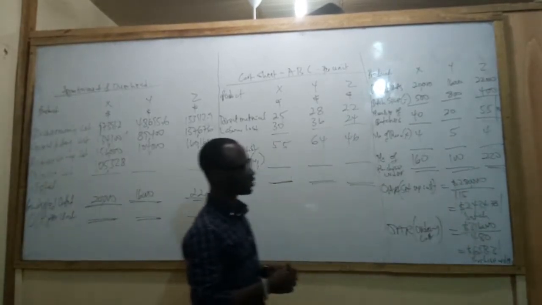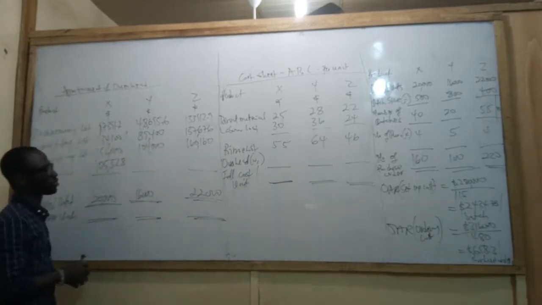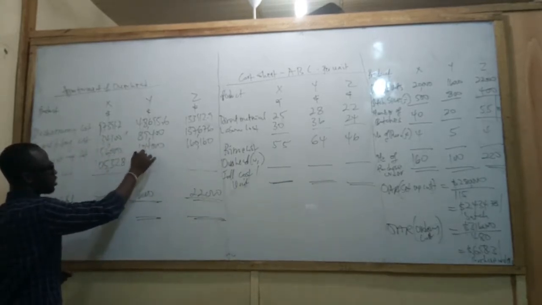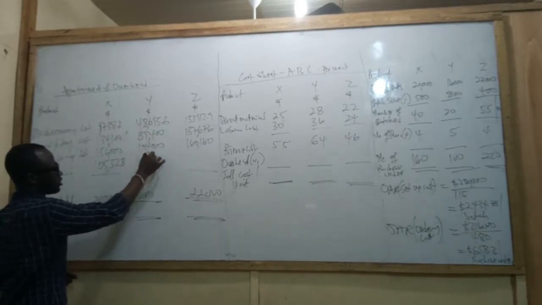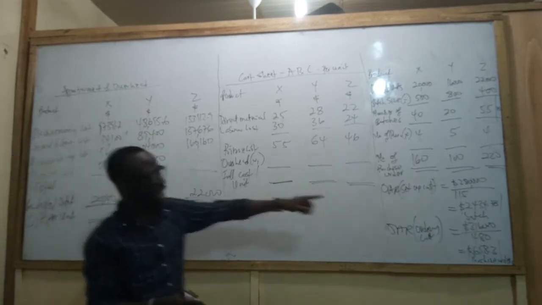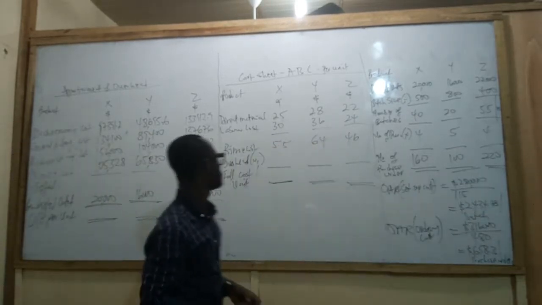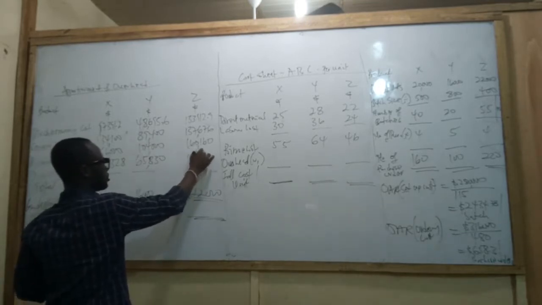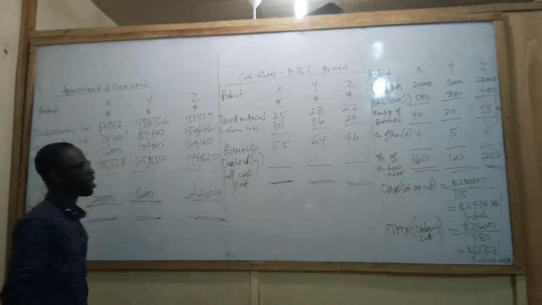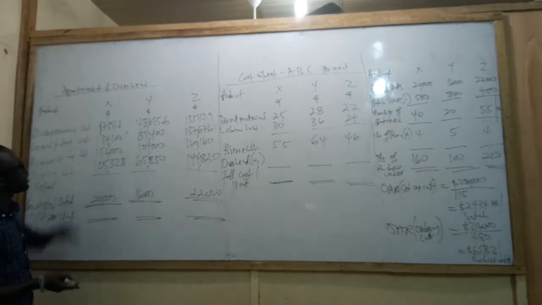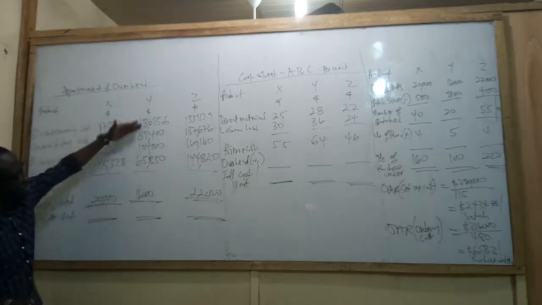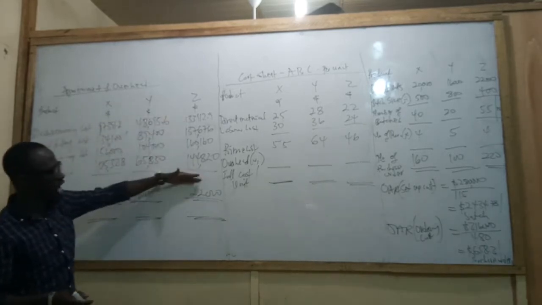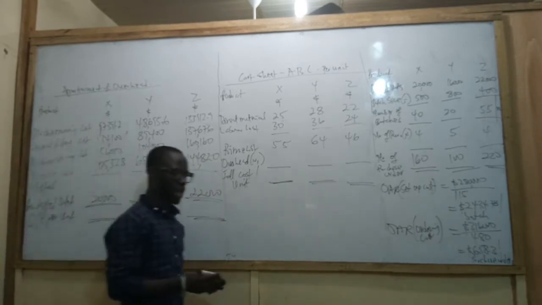That figure by 100. 65,000. That figure by 220. 144,820. Good. Then we get the total.